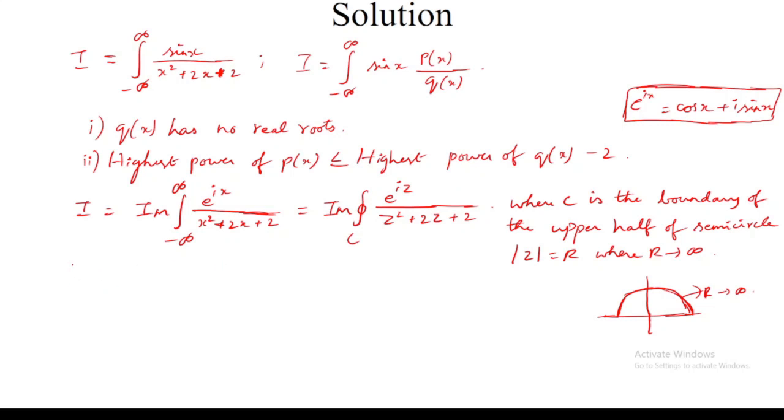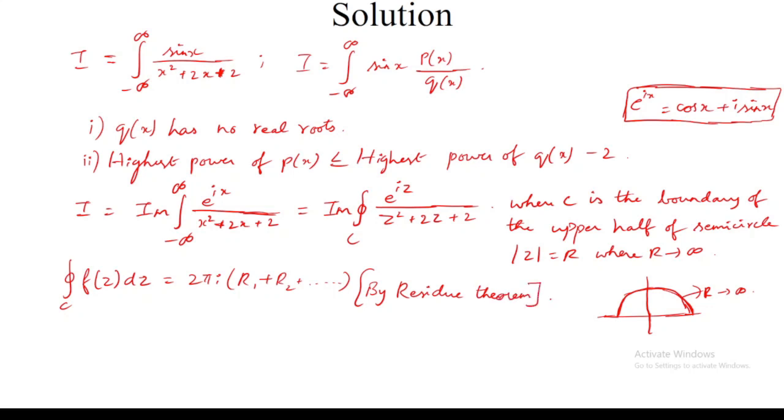The contour integration of f of z dz can be evaluated as 2 pi i into R1 plus R2 plus up to infinity, and this is by the residue theorem.